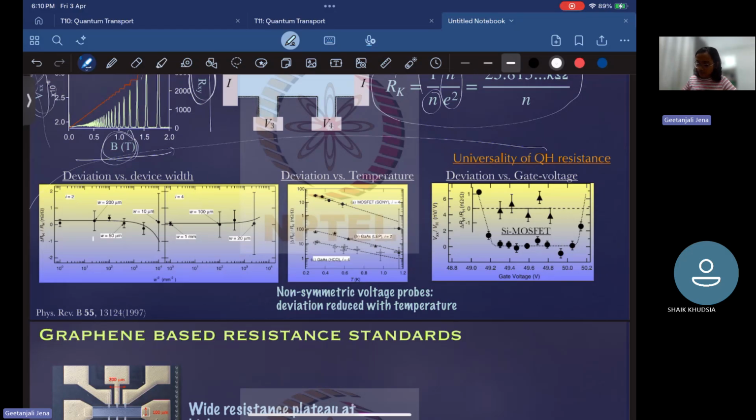So if we look at the first two plots, these two graphs show the error that we will get when we vary the device width. In the measurement they have considered only two plateaus, plateau 2 and plateau 4.